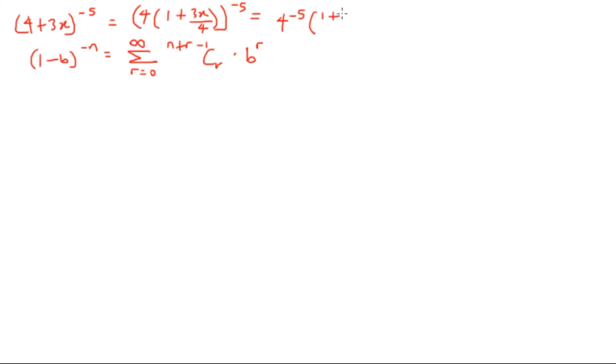So that's 1 plus 3x upon 4, raised to power minus 5. This is a binomial, and this is just serving as a coefficient.